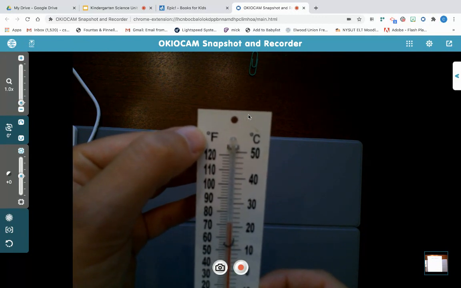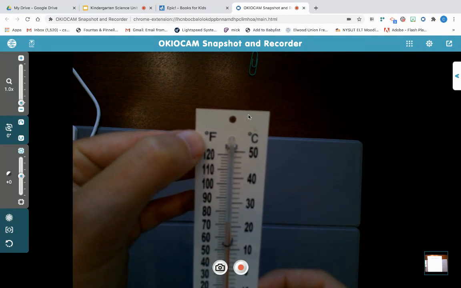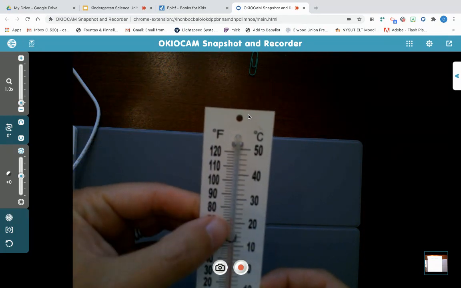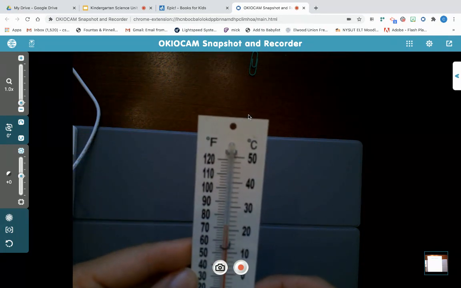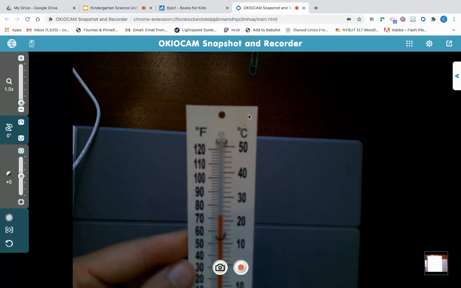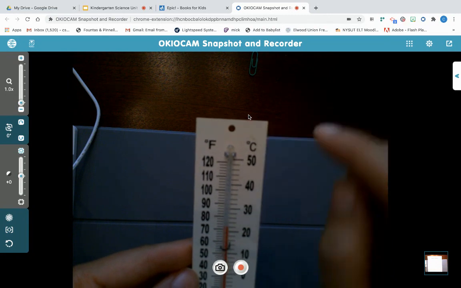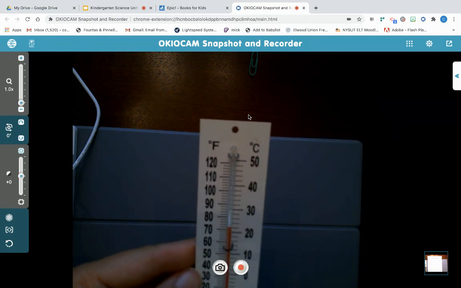Here in the United States, we use Fahrenheit to measure the temperature in degrees. Throughout much of the world, they measure temperature using Celsius. That's what that letter C stands for.